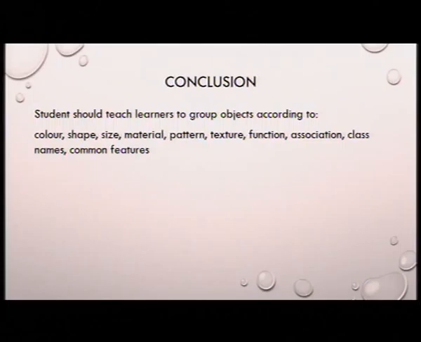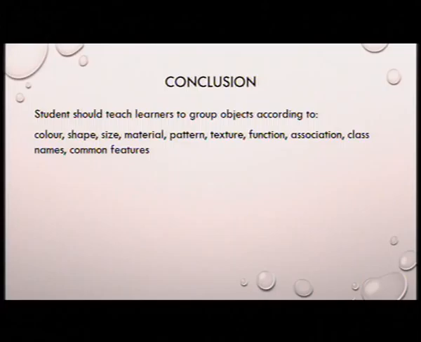And then the function. It is very critical that you also teach your learners the functions of objects. Some of the objects are used in the garage. So if I have a spanner, a screwdriver and a plier, the learner must immediately know that these are used in the garage to fix the car or to fix technical things, to unscrew a screw or whatever.